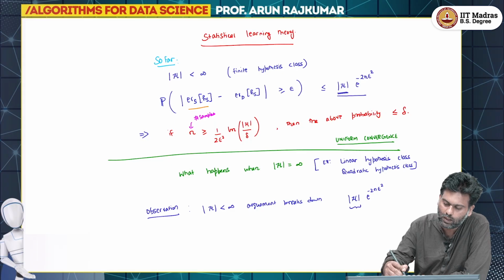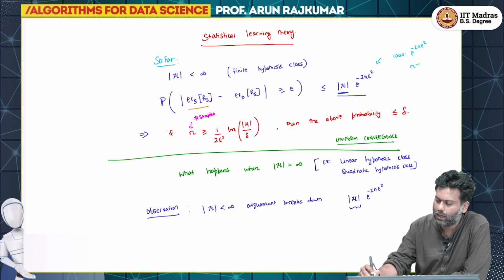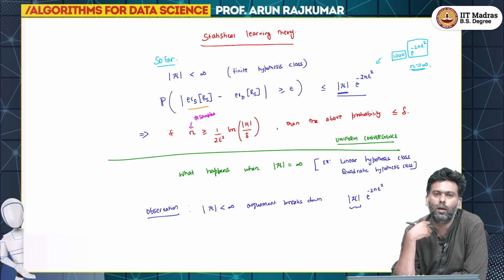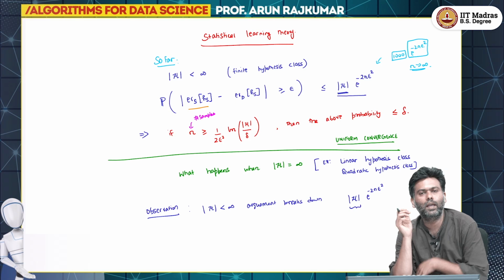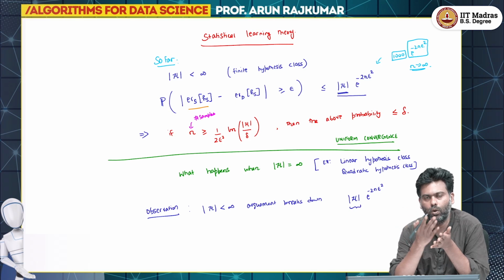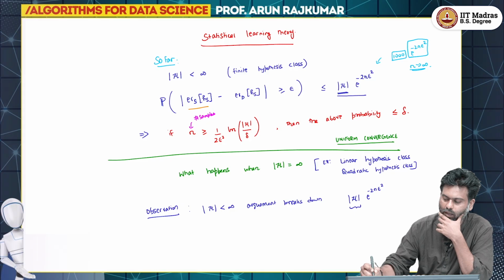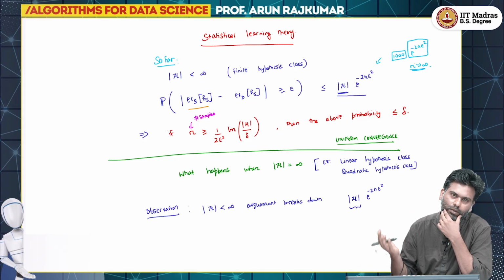So this would be something like 1000 times e power minus 2 n epsilon squared, which means that as n goes to infinity, this 1000 is a fixed number and does not affect the asymptotics, whereas this value goes to 0 as n goes to infinity. So my training error becomes closer and closer to the test error, and I can make them arbitrarily close as much as I want with whatever probability. That was the idea. For large enough n, I have that property.